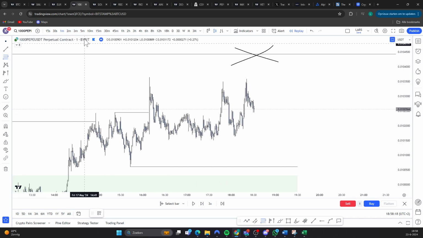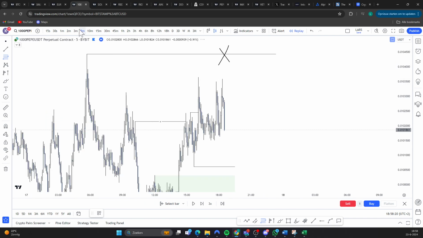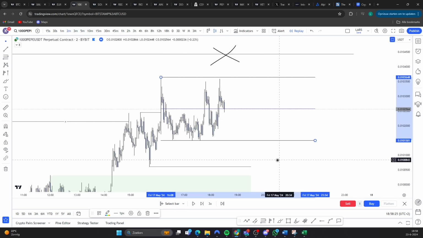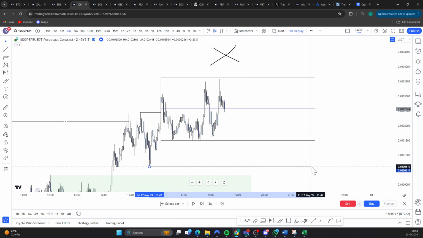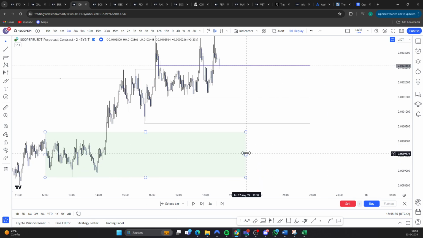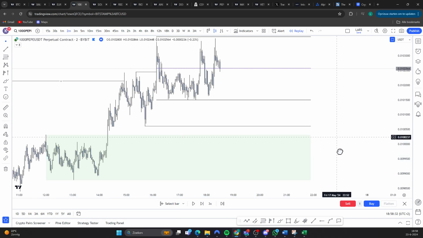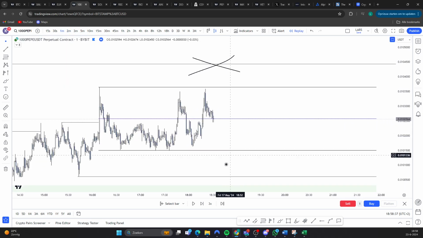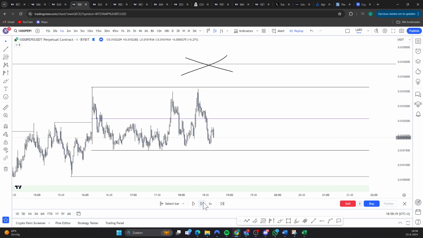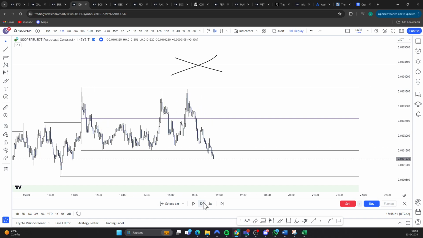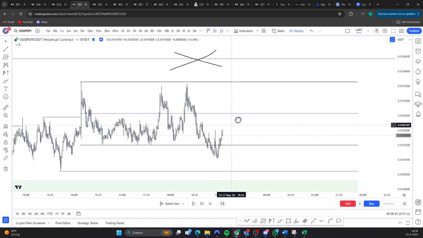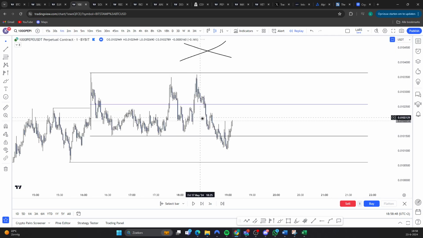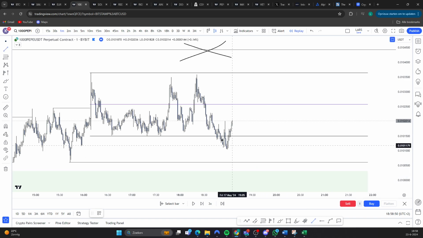This right now is definitely a range I want to watch. Deviating the range but not having any structure.